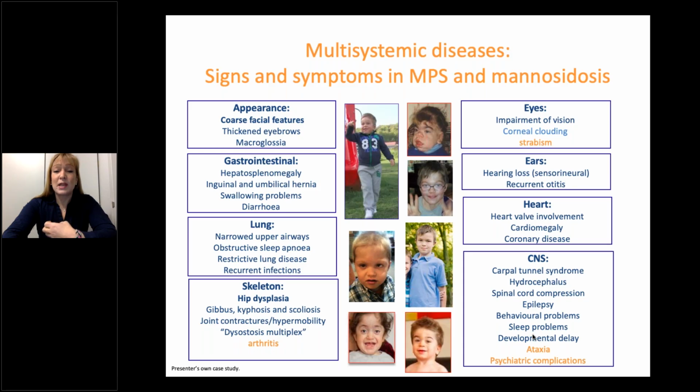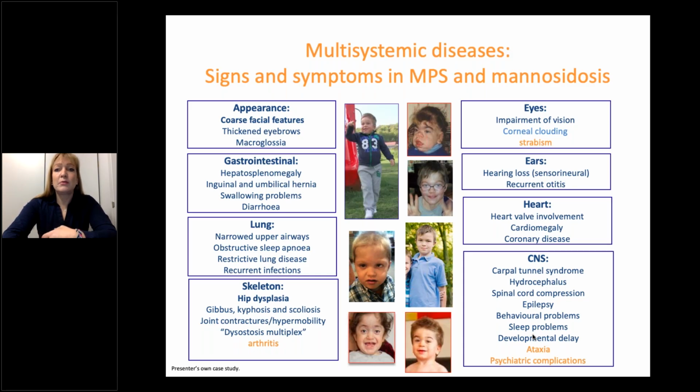They have narrowed airways. Think of anesthesia in these patients, a very difficult topic. They have skeletal problems, and this is also why MPS and mannosidosis are part of the skeletal dysplasias, not only a metabolic disease, with hip dysplasia, kyphosis, contractures. A kyphoscoliosis in the thoracolumbar spine could be the first symptom for an MPS disease.